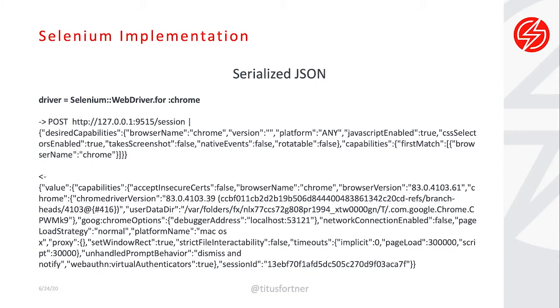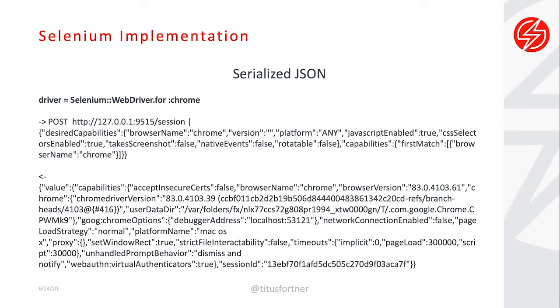Essentially, Selenium 3 is sending both desired capabilities and capabilities, both the old and the new formats, and essentially letting the endpoint decide what it recognizes, and then will parse the results. So in this case, Chrome driver is recognizing the W3C standard, and it's coming back with a value of capabilities.